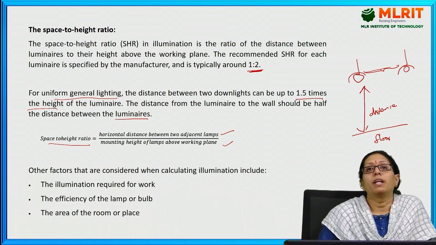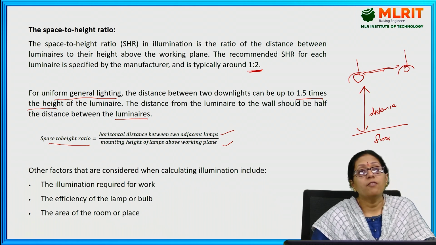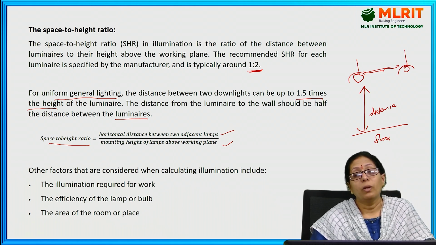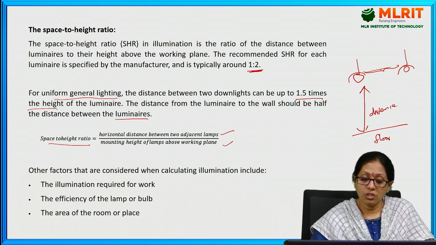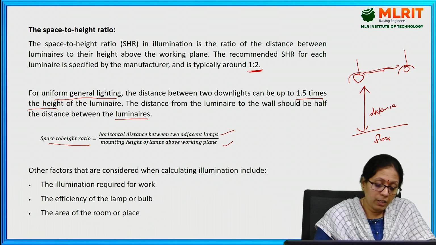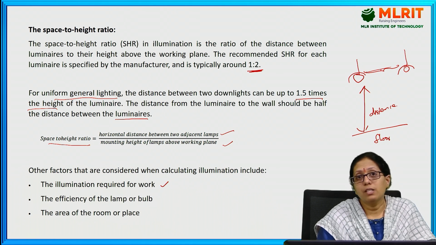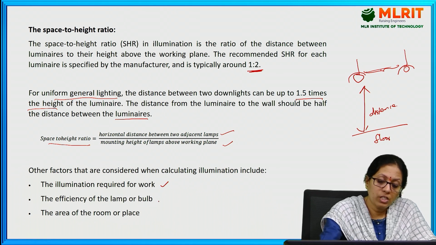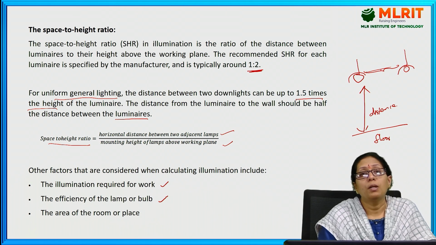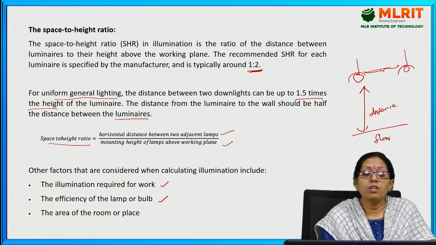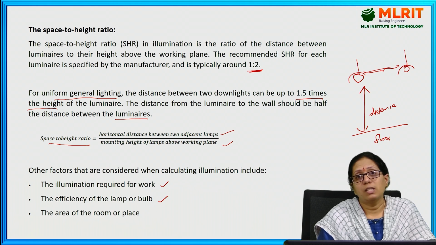of the working place. Other factors that are considered when calculating the illumination are the illumination required for the work, how much lighting is required for that particular place, and the efficiency of the lamp or bulb, like the lamp or bulb should give a good bright light with low consumption.